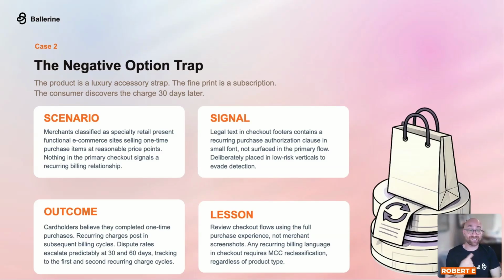Sometimes it's actually a consumer good that you would think you're only buying once, but in the background, you've actually, as a consumer, given your consent in lots of legalese hidden at the bottom, or in what's called digital dark patterns, where something is not very clear in the user experience, where they might think they're purchasing something in a one-off purchase, but actually recurring charges are going to show up.